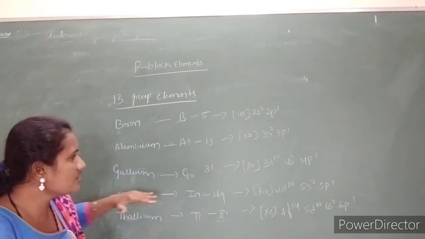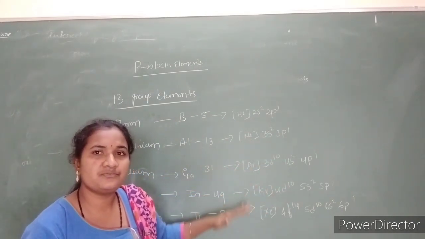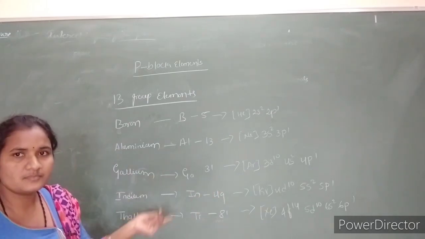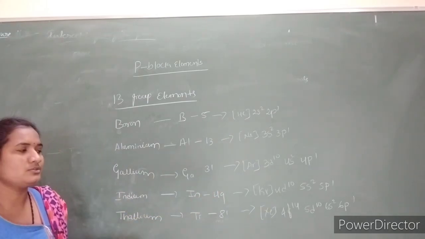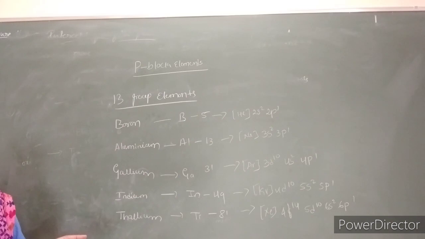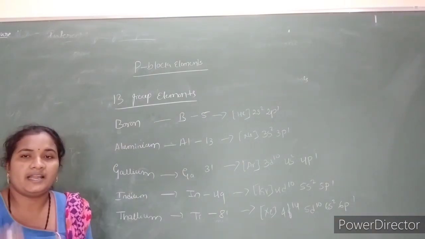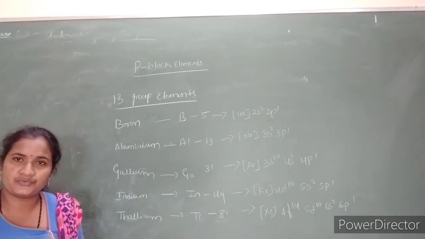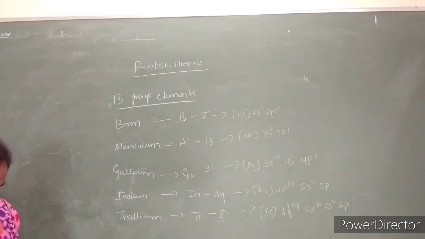But the inner core electronic configuration is different from one element to the other. So that's why, if we see the characteristics of these 13 group elements, they exhibit different properties, like ionization enthalpy is different, and electronegativity is also different for different elements.